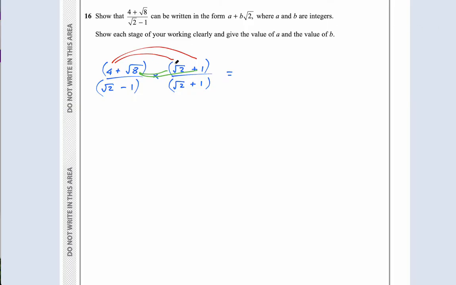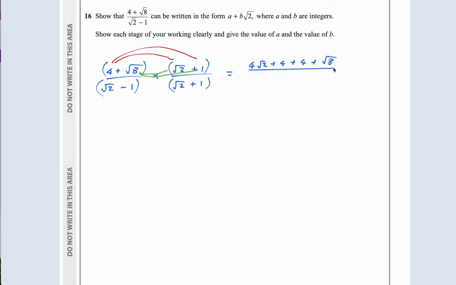Okay, so 4 times root 2 is 4 root 2, 4 times 1 is 4, root 8 times root 2 is root 16, and root 16 is 4, so that's plus 4 again. Use your calculator, guys, if you need to, and then root 8 times 1 is plus root 8.